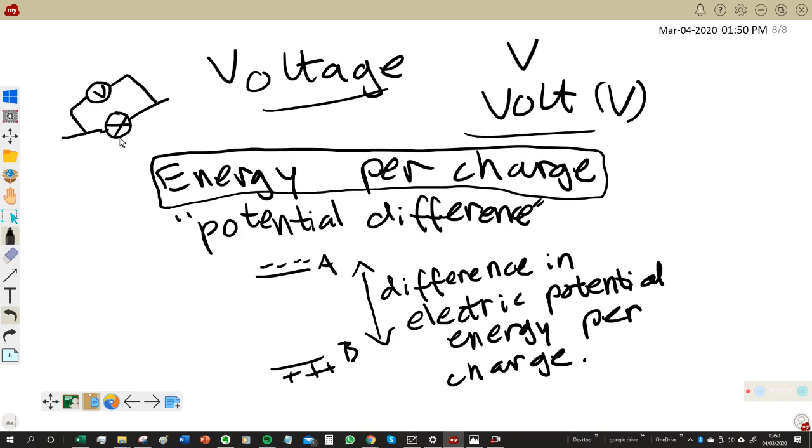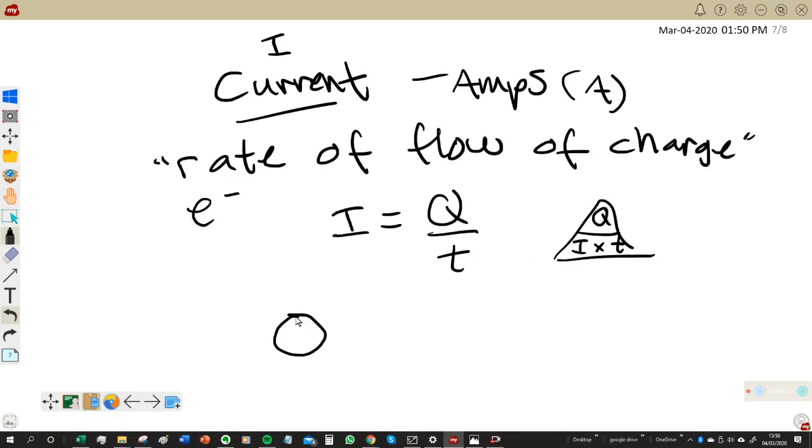I don't know if it's even possible to measure directly what the energy is. We just want to know the change in energy between 2 points. Whereas when you measure current, it's actually measuring directly how much charge is flowing per second. So we measure that in series.